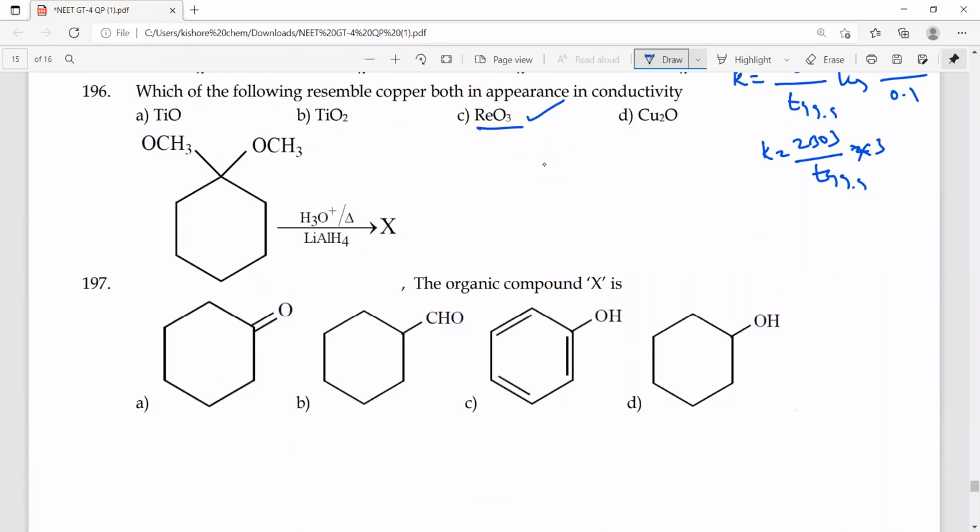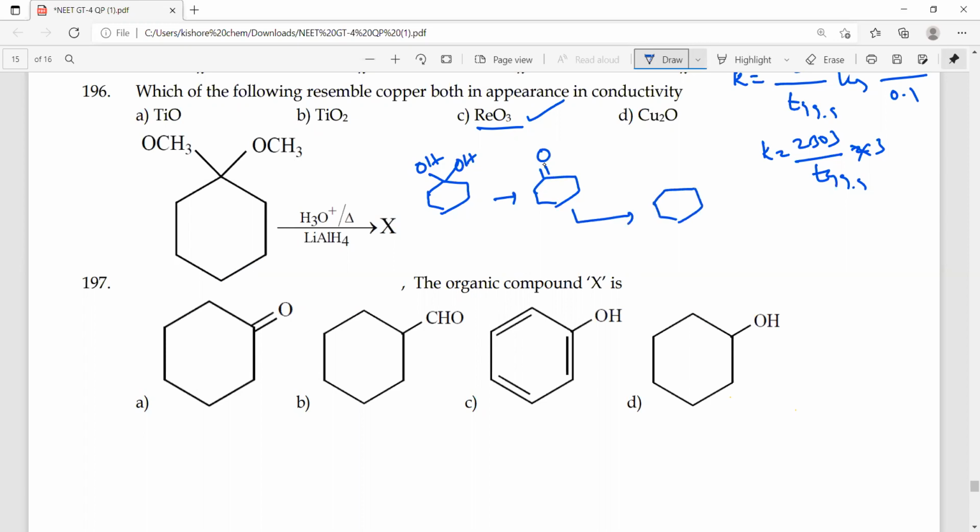Next, 196. This compound undergoes hydrolysis first. When it undergoes hydrolysis, it converts to an alcohol. But a compound containing two hydroxy groups on the same carbon is unstable. It loses water to give cyclohexanone.